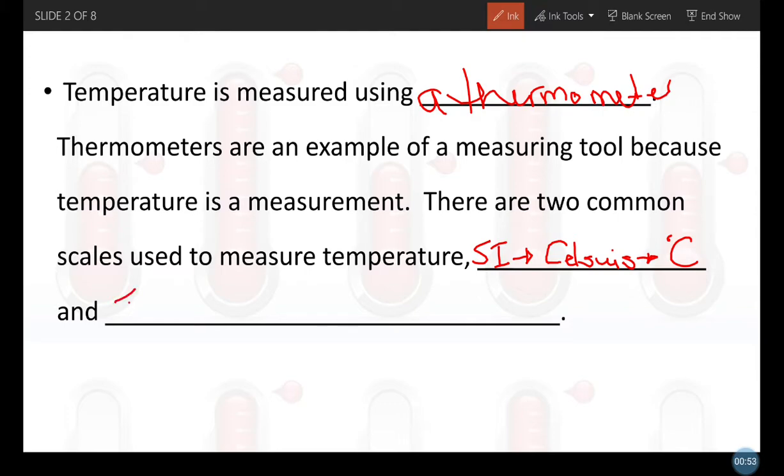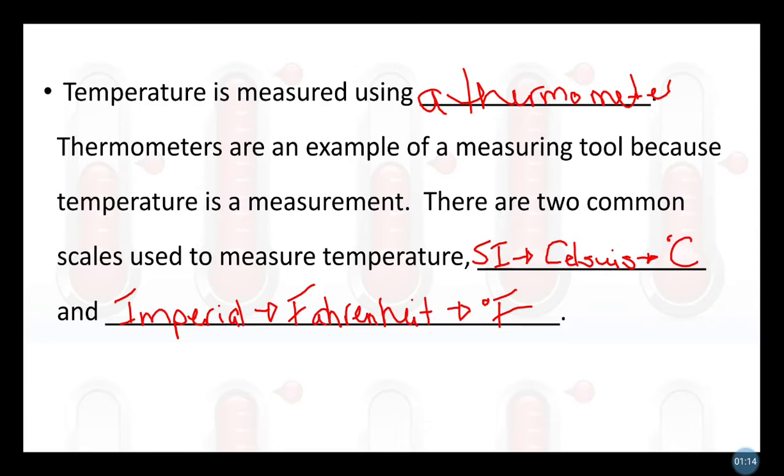And the other type of measurement system for temperature is the imperial system, which is commonly used in the United States, and we represent that in Fahrenheit. And commonly we would just say degrees Fahrenheit. So those are the 2 main temperature scales. There is also Kelvin, which is commonly used in the sciences.